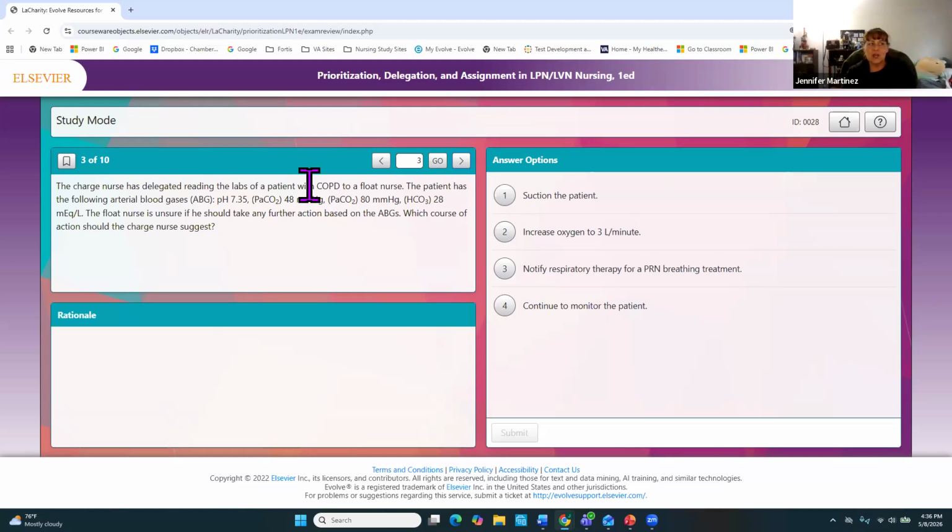Okay, so we have a COPD patient, and they have the following ABGs: pH of 7.35, CO2 of 48, PaO2, this is incorrect, of 80, bicarb of 28.